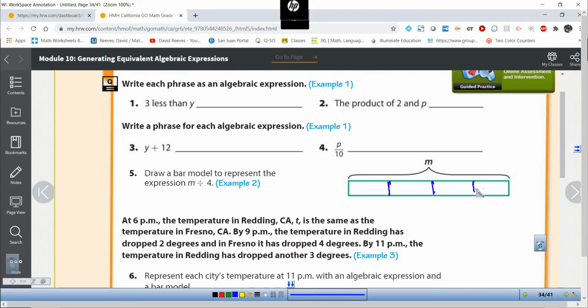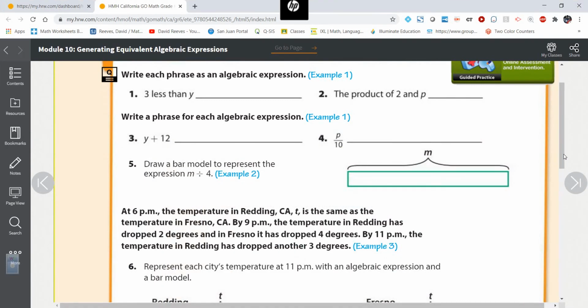If this were completely accurate, these would all be the same. So this is m divided into 4 equal parts, and each of those parts would be m divided by 4, or 1/4 of m. All right, that's what they were, but really all you have to do is draw those lines. There it is. That is the m divided into 4 parts.